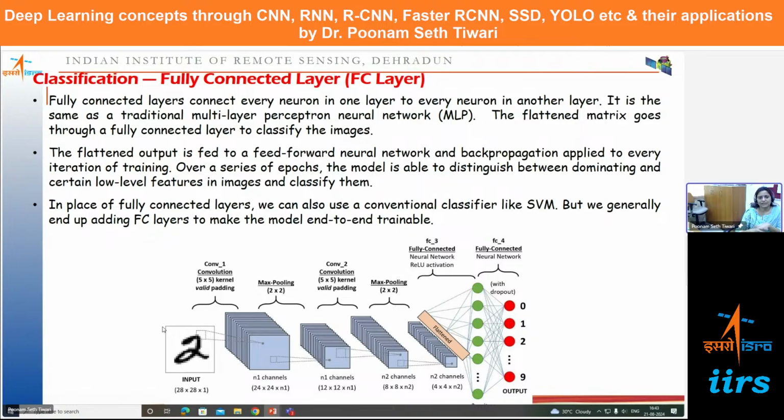In fully connected layers, every neuron in one layer is connected to every neuron in another layer. As we have already discussed, it is the same as a traditional multi-layered perceptron. The flattened matrix goes through a fully connected layer to classify the images. The flattened output is fed to a feed-forward neural network and backpropagation is applied at every iteration of training. Over a series of epochs, the model is able to distinguish between dominating and certain low-level features in the image and classify.